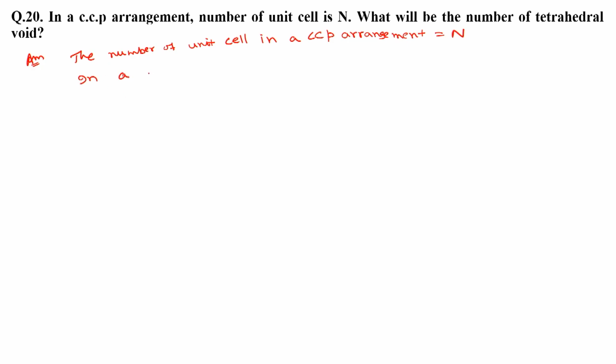In a CCP arrangement, the number of atoms per unit cell is 4. We know this.